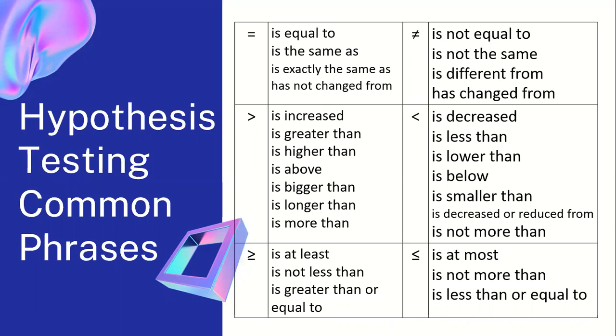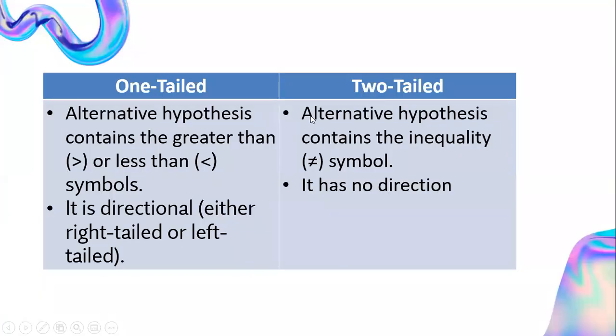If you use not equal to, then you may use the words is not equal to, is not the same, is different from, has changed from. So you may take into consideration the different words that you may use in stating your null and alternative hypothesis.